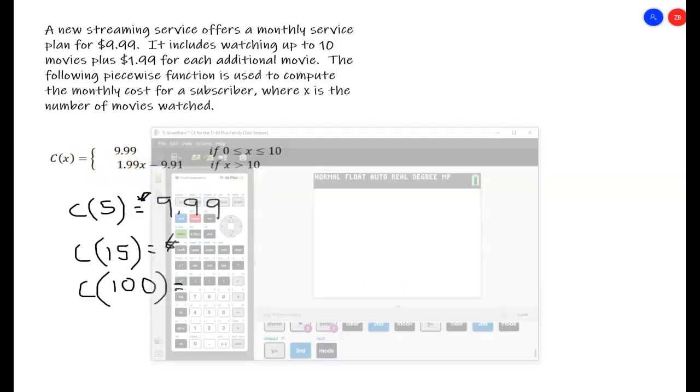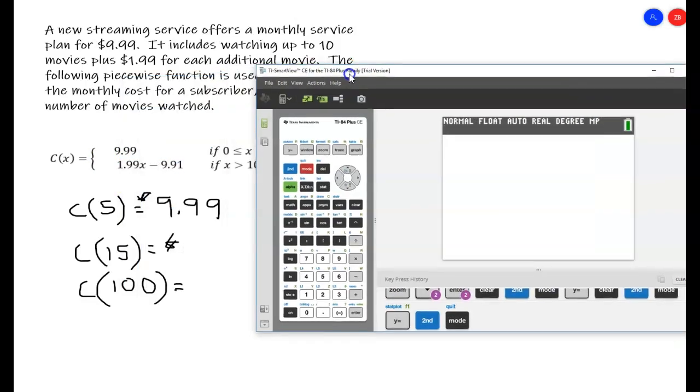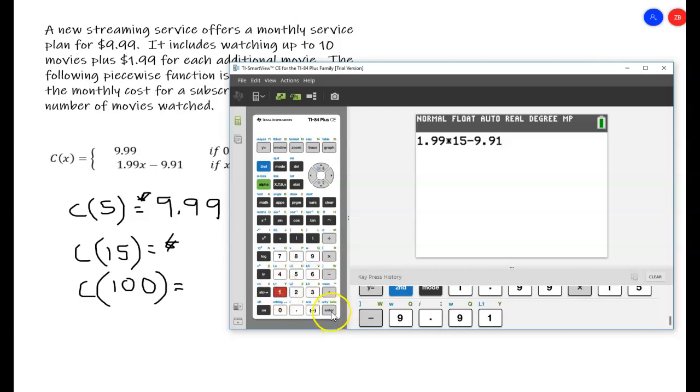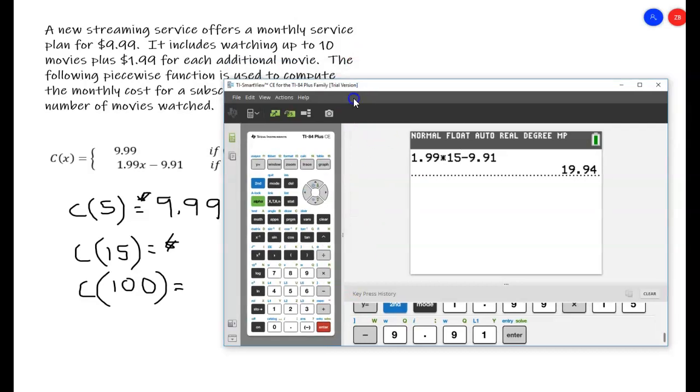So at that point, I'm going to pull up the calculator, and I am going to plug in this bottom one. So that's $1.99 per movie times 15. But then we're going to have to subtract out the 9.91, and I get 19.94.